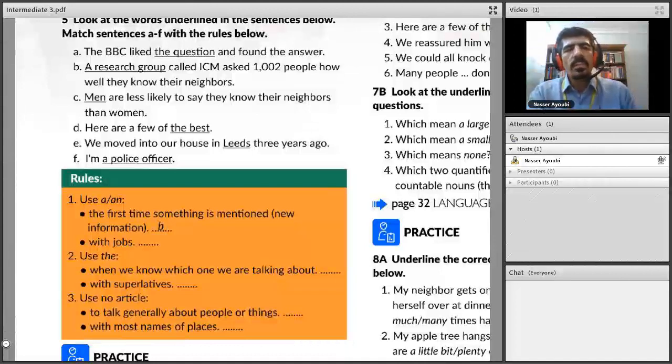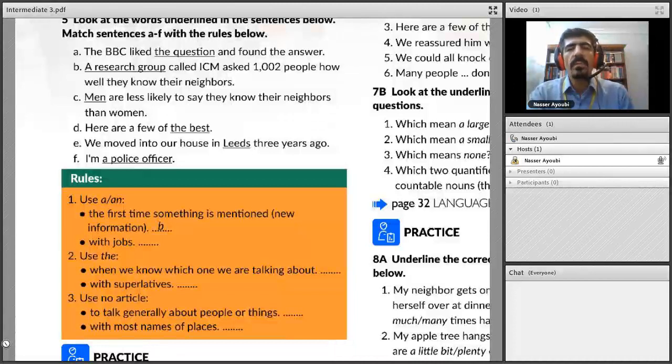Here is the prettiest place in our town. This building is the highest. We use the before some words in some expressions like in the morning, in the afternoon, on the weekends, and so on. We are going to talk about it in details.